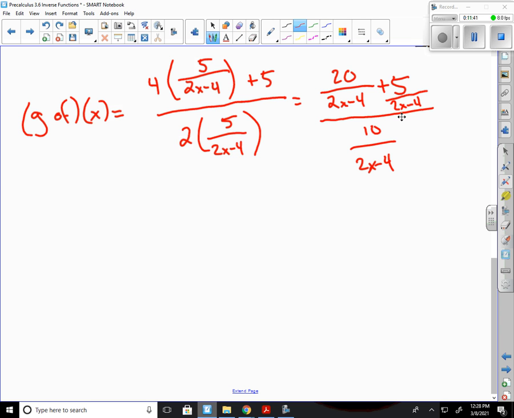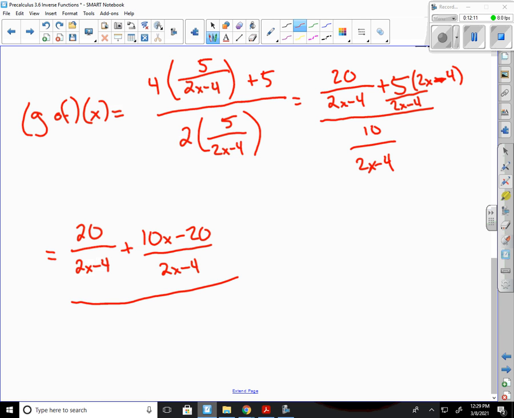So I have to multiply the 1 that was down here times 2x minus 4, which means I multiply the top by 2x minus 4. That gives me 20 over 2x minus 4 plus, I'll distribute the 5 to both terms. That's 10x minus 20 over 2x minus 4 all over 10 over 2x minus 4.